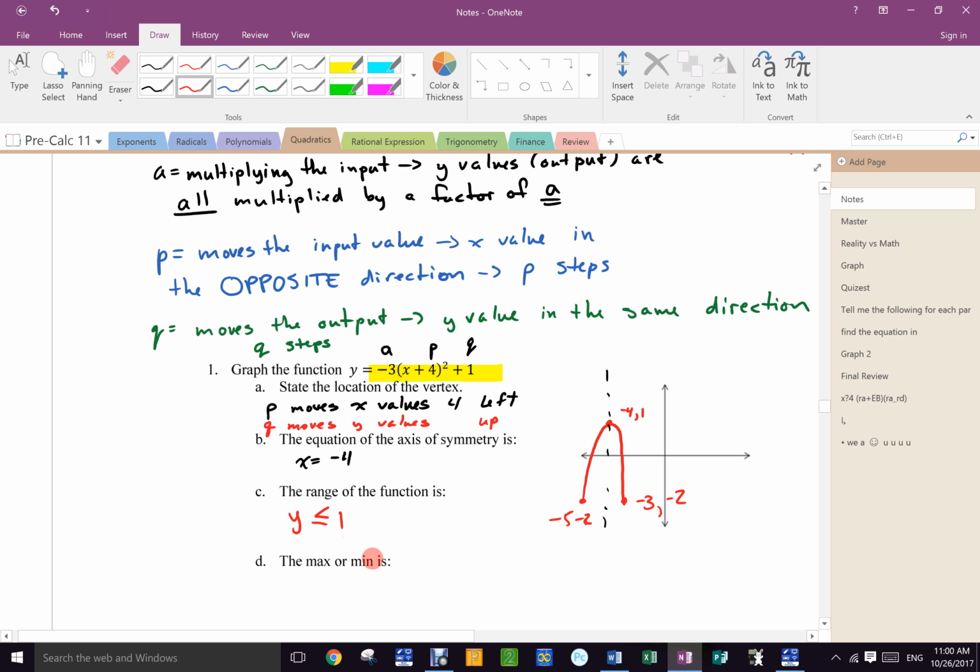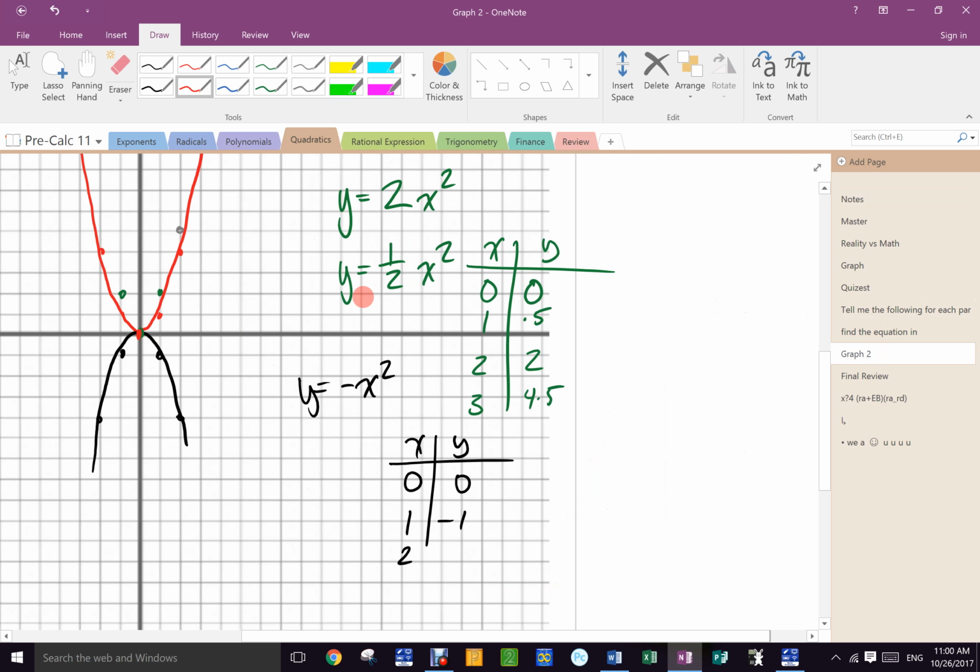And my maximum is 1 at x equals -4. Does everybody see how it works? All those numbers do this, which we proved over here.